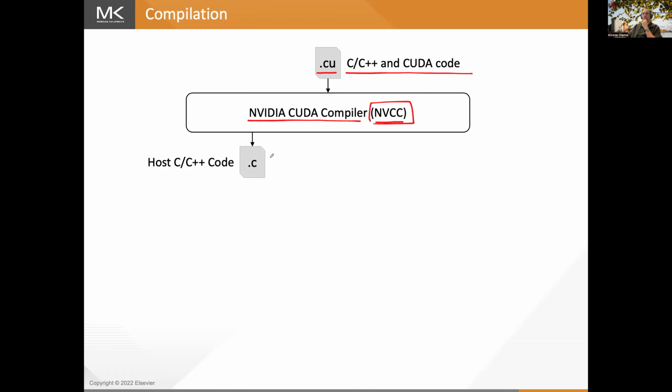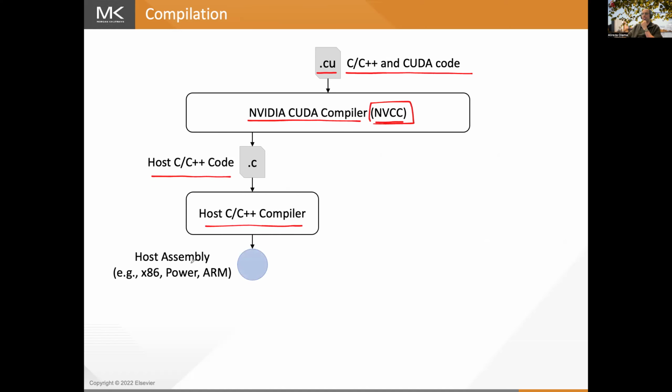If you have pure C code, the host code, the compiler sends it to a typical C++ compiler that you have on your system, and then it generates the assembly and finally the executable binary that is run on the CPU.